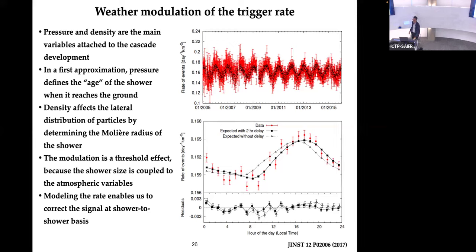These modulations will contaminate our large-scale analysis because you would have two modulations: a diurnal one, this day-night effect, multiplied by a solar modulation, this summer-winter effect. From this product, you can see it as the interference between two different frequencies. This is a beating, like the sound beating phenomenon.